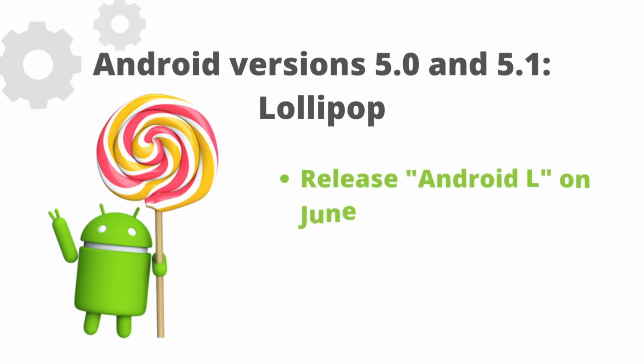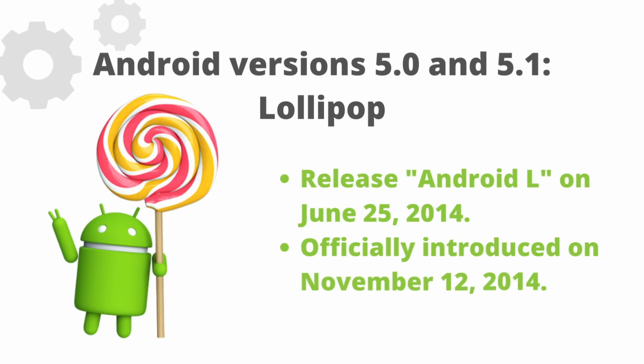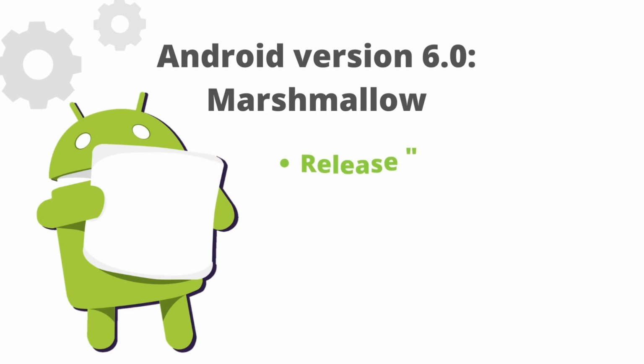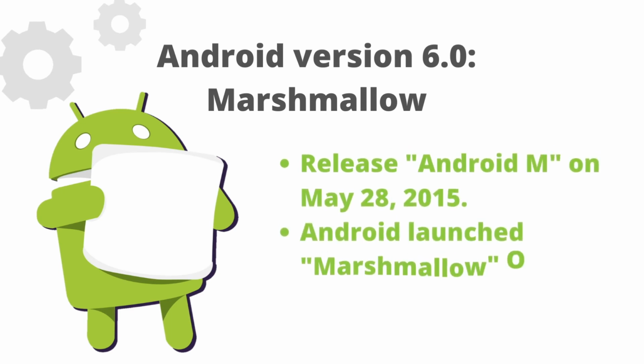The version of Android 5.0 was initially named Android L on June 25, 2014. It was officially introduced on November 12, 2014. Android 6.0 Marshmallow was disclosed under the codename Android M on May 28, 2015 for the Nexus 5 and Nexus 6 phones and Nexus 9 tablet.